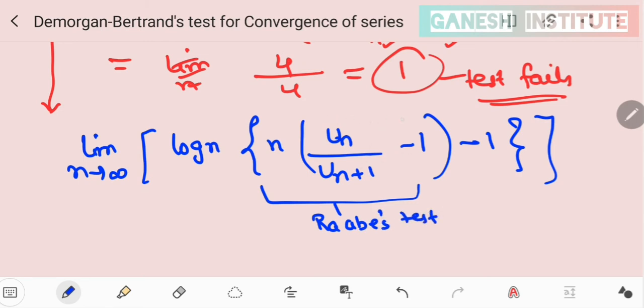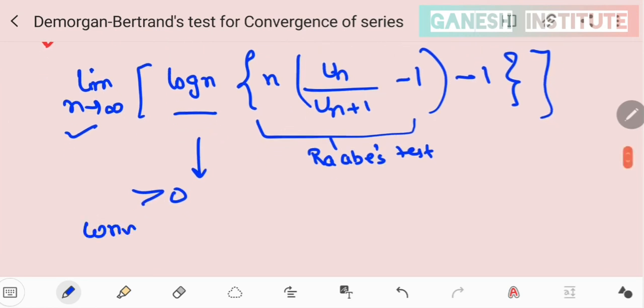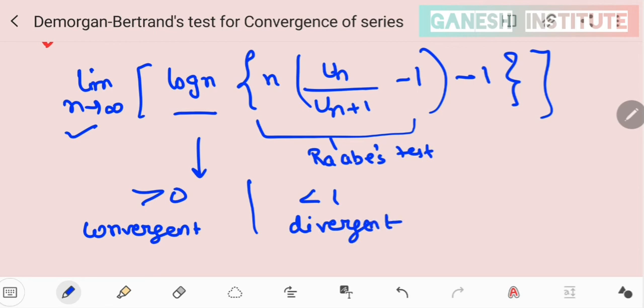Just find this value and multiply it with n, subtract 1 from it, and then have log n with it, and find out the limit. If this whole value is greater than 1, then the series will be convergent.